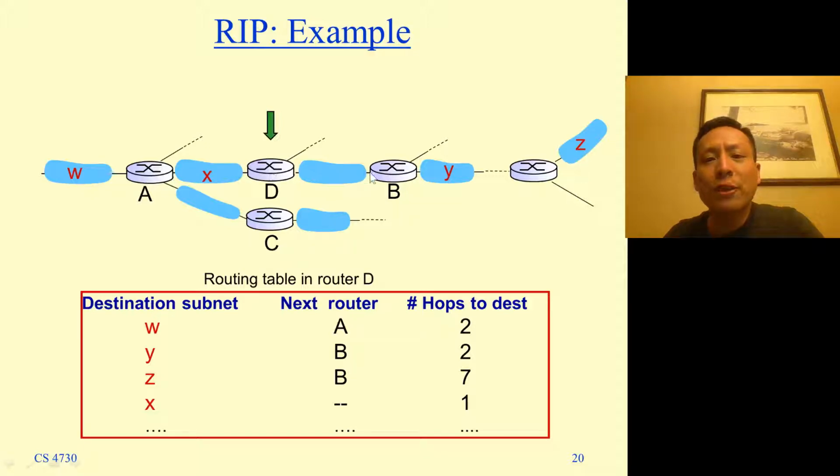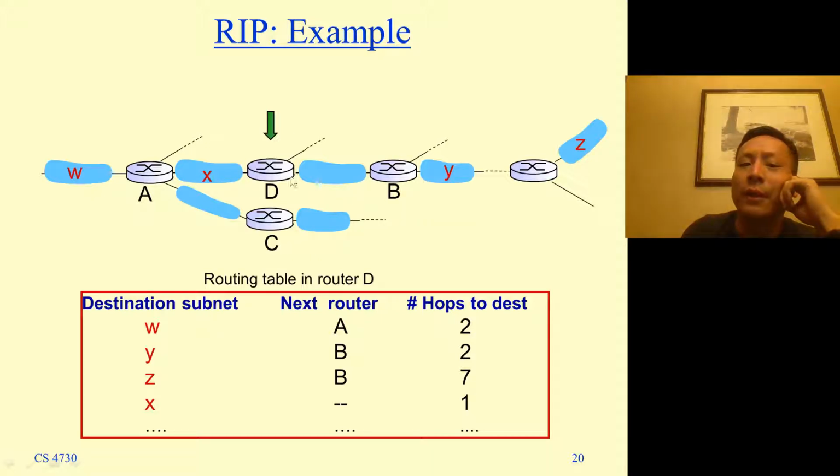The second entry is apparently you need to deliver to B, right? So the next hop will be B, and the hop count will be 1, 2, right? So the second entry also makes sense. If the destination is Z, then by using this kind of exchange of reachability information between D and B, you will know to reach Z that you have to deliver to B first as the next hop, and the hop count supposedly is 7.